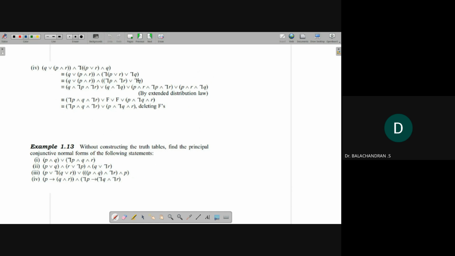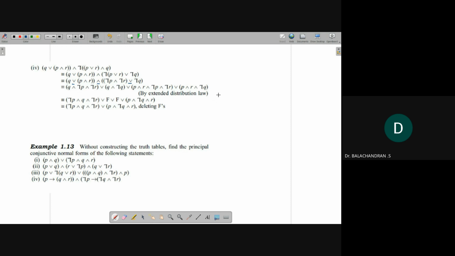Once you see this one, we need the PDNF. Here you have R, here you have R, and R. Then you can apply the extended distributive law, or you can apply the distributive law two times. That is up to you.